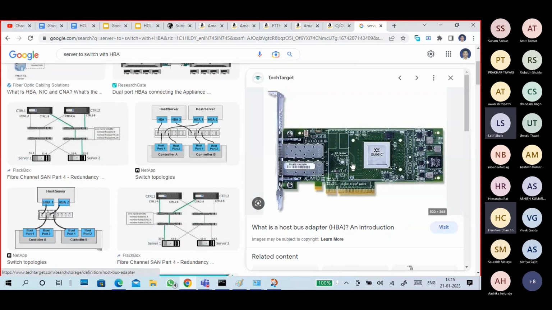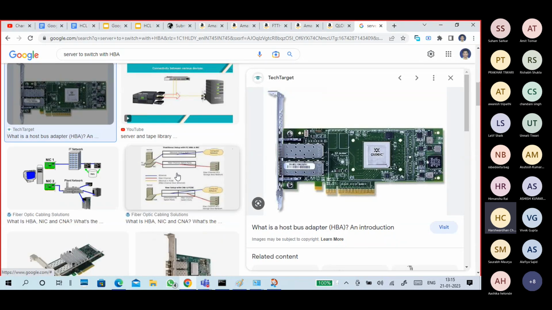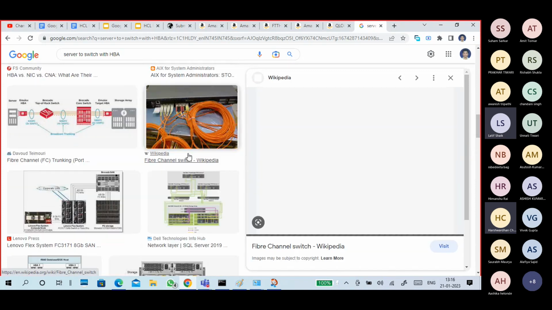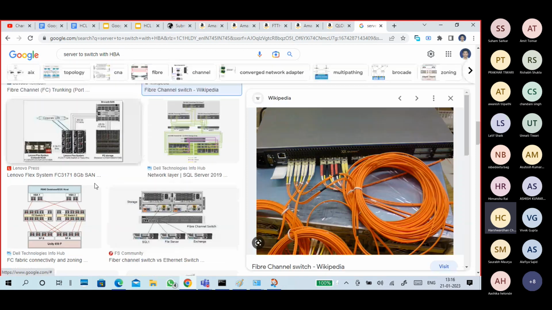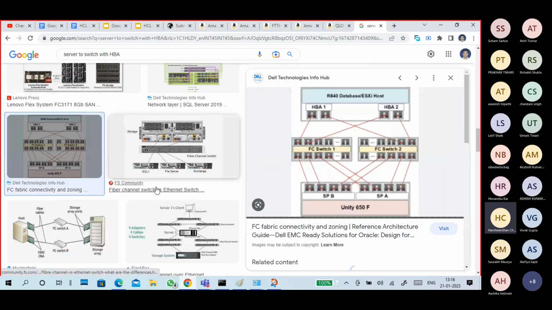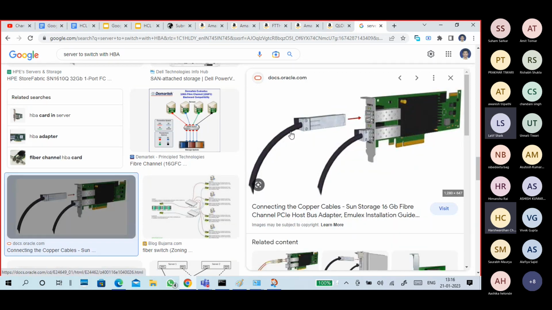This will be inserted into the server. These are all diagrams only. So this is a switch for connectivity, like this connection.